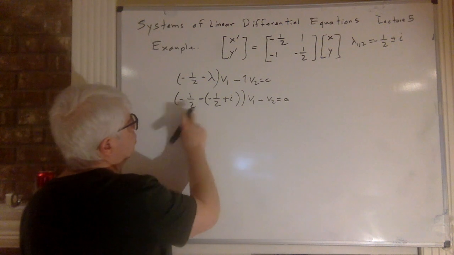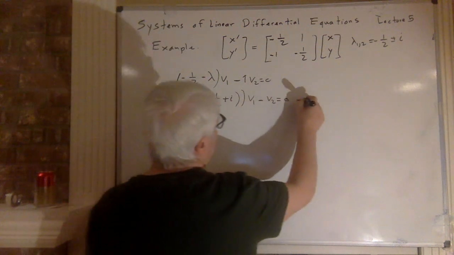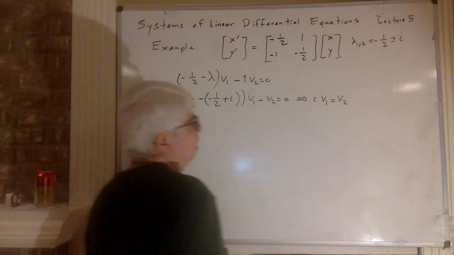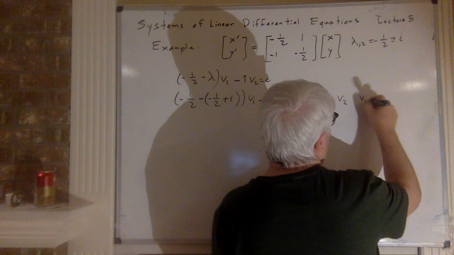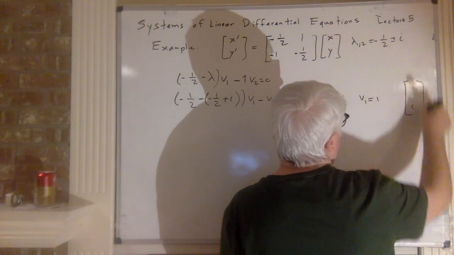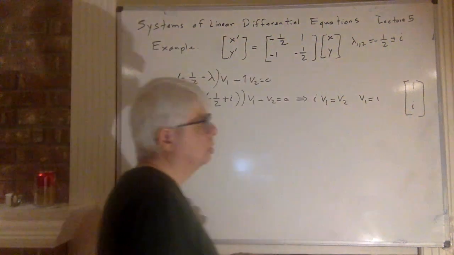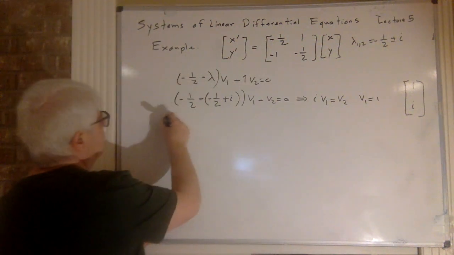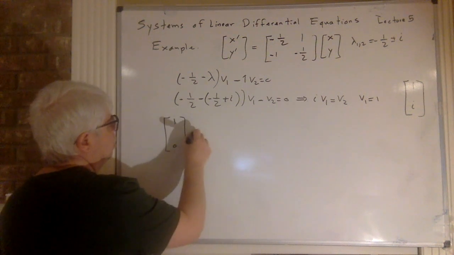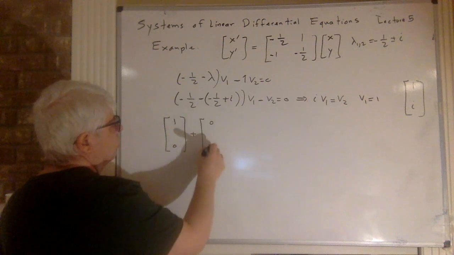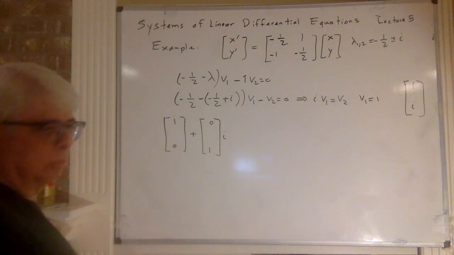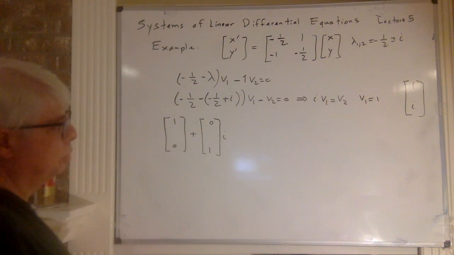So this is minus 1 half plus 1 half, that's 0. So I have i v1 is v2. Okay, so if v1 is 1, v2 is i. So that is 1, 0 plus 0, 1, i, right?